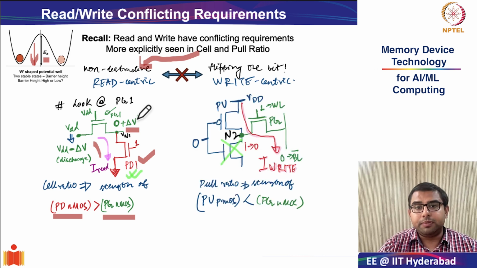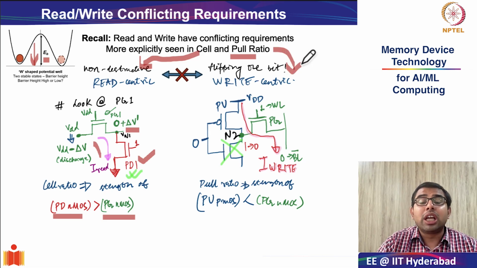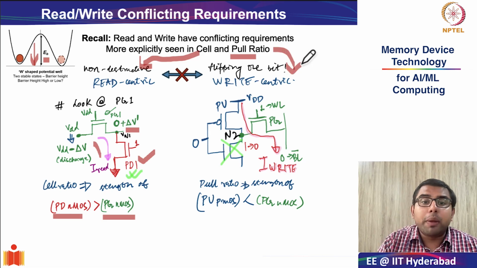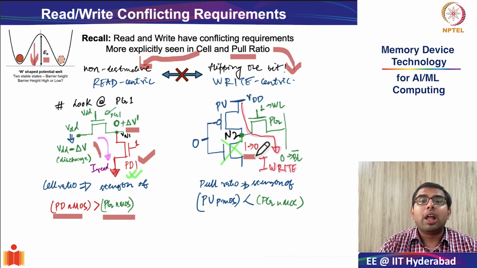On the other hand, the pull ratio was what was improving the flipping of the bit from 1 to 0 during the write operation, right?